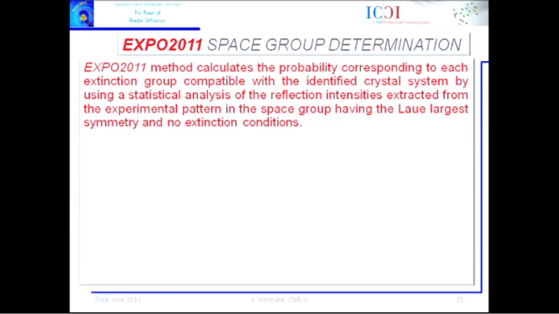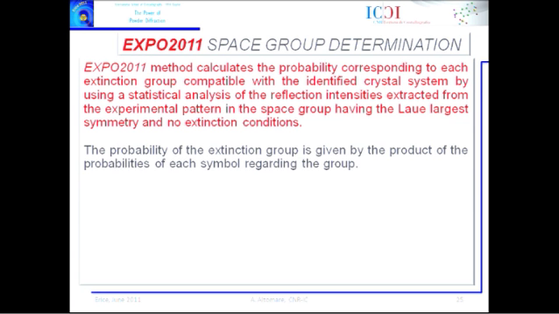The space group determination procedure is based on the calculation of the probability value associated to each extinction group compatible with the crystal system found in the previous indexation step. The probability calculation is based on a statistical analysis of the integrated intensities extracted from the pattern by using the largest Laue symmetry with no extinction condition.